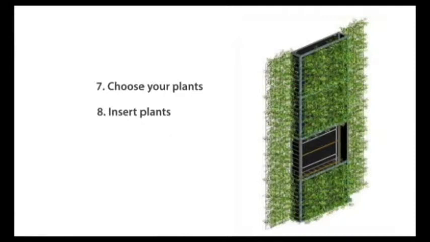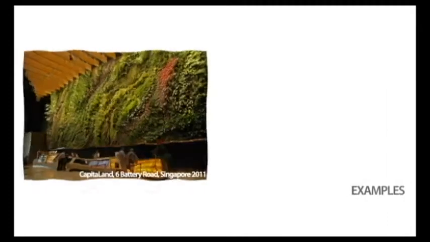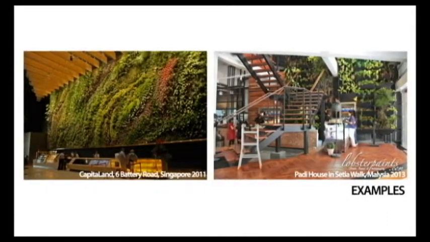Using a staple gun, insert 3 to 5 stainless steel staples to attach the cloth to the plastic backing in a semicircle around the root ball, creating a secure envelope. Examples of vertical garden are Capital Land in Singapore and Penny House in Sarawak.